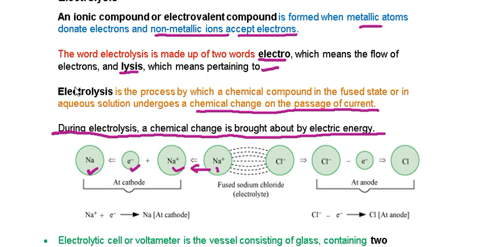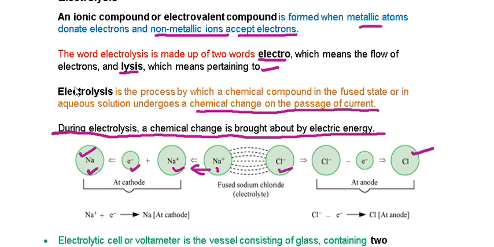Now you see here, at the cathode, sodium plus electron, we get sodium. Here on the right hand side, chloride minus electron, we get chlorine.